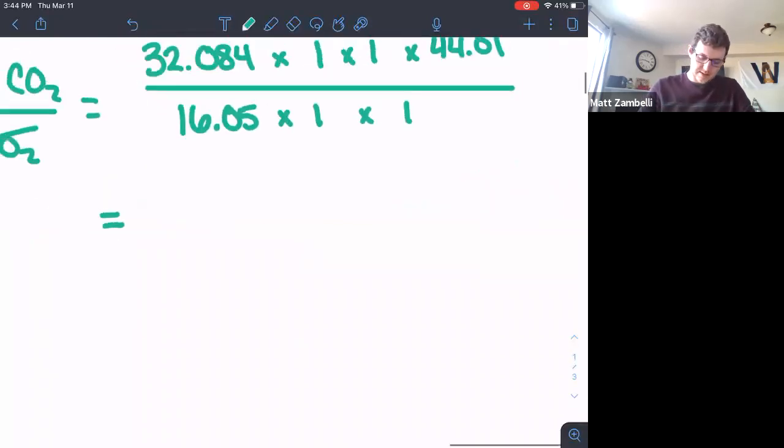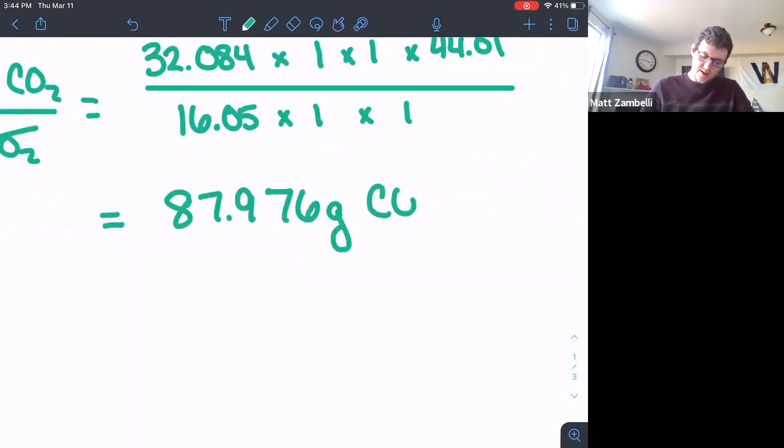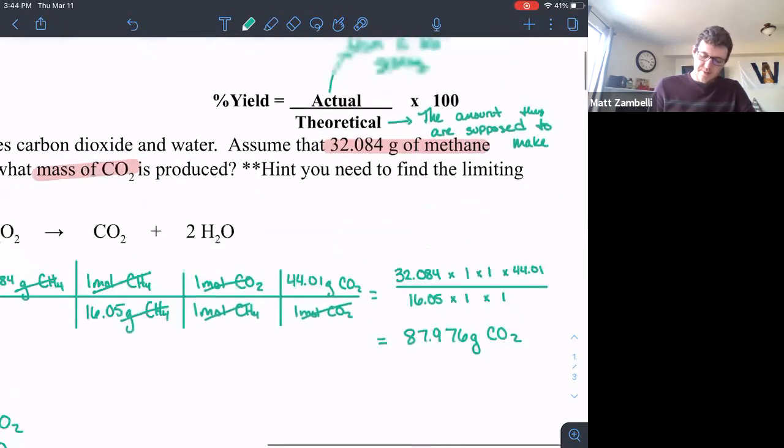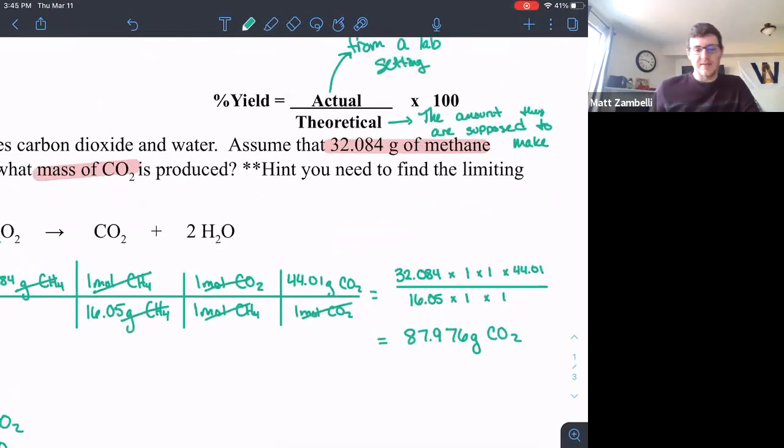All right. 87.976 grams of CO2. And that's 5 sig figs because our problem with methane started with 5 sig figs.